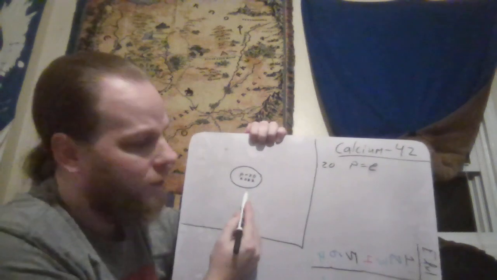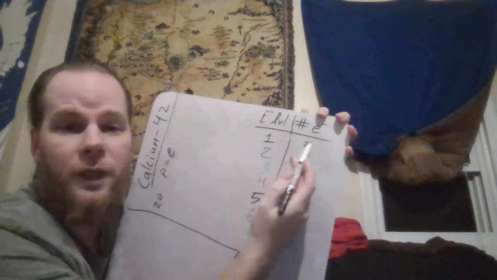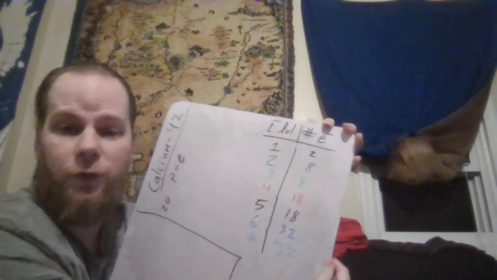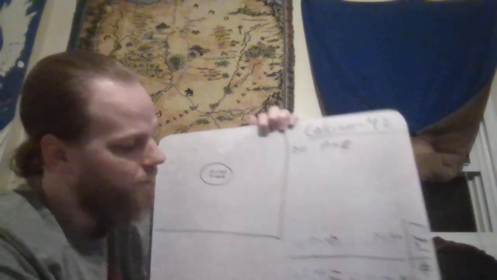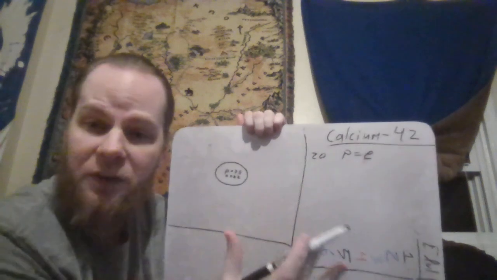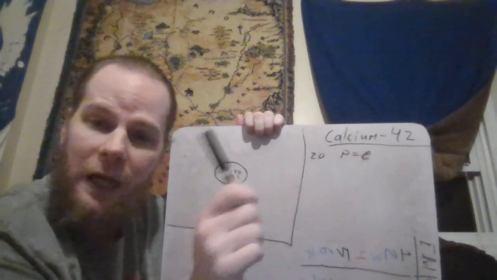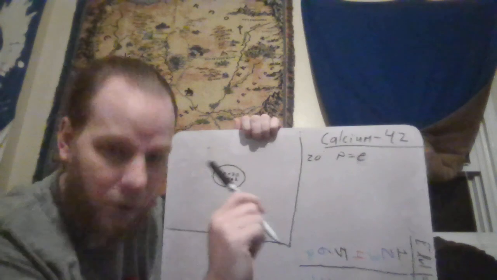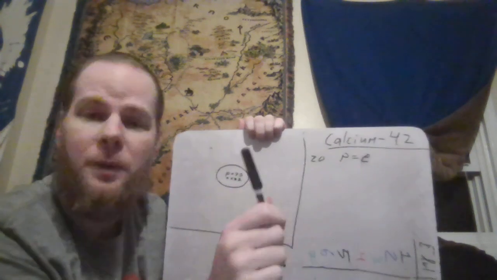Well, this circle, because it is the first energy level, can only hold 2 electrons. So we're going to put 2 electrons in it. Now, this is kind of up to you how you want to do this. Some people like dots. That's fine. Do not put X's. If you want to put dots, that's fine. I've had some people put circles.